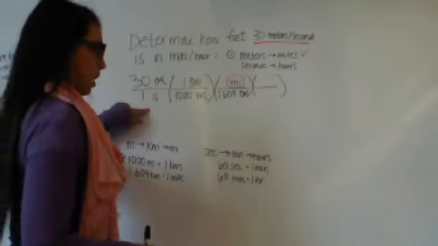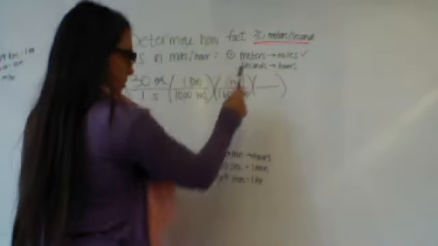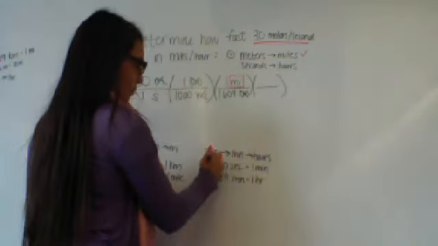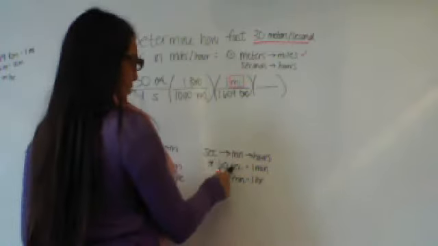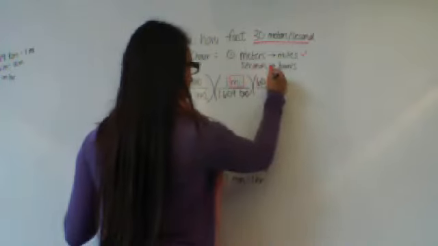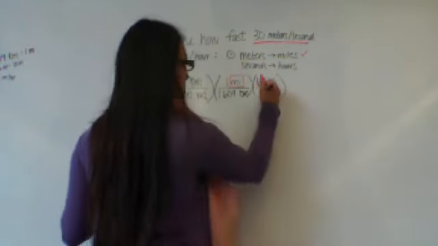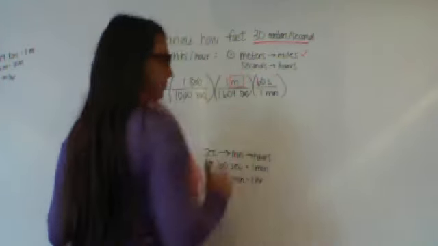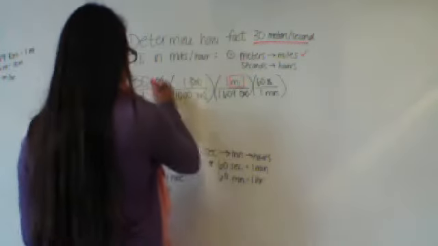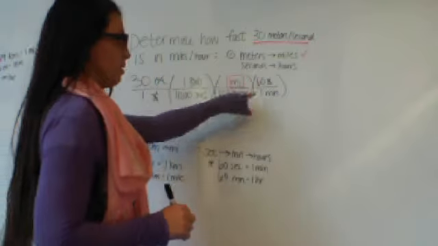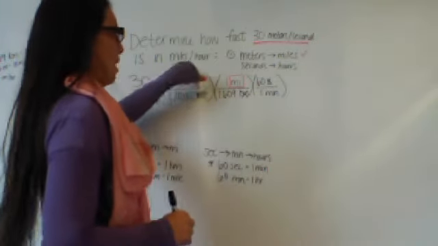So our seconds are on the bottom. We need to put seconds on the top. But this is our unit conversion. 60 seconds is 1 minute. So we can put 60 seconds on the top and 1 minute on the bottom. So now we have our seconds canceling. Now we have miles per minute. We want to go miles per hour.